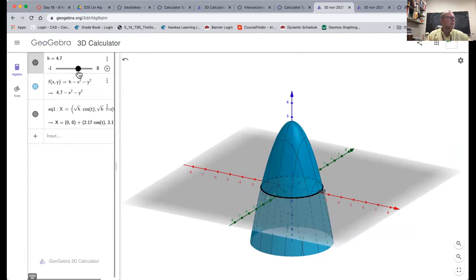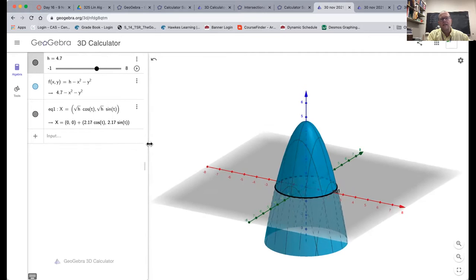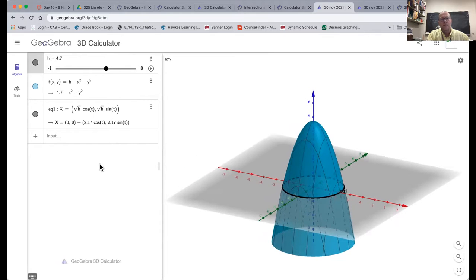And because we were talking about the z's that are below that, but above the xy plane, then we have to think about all the stuff that's under the surface. And of course, the place that it actually hits that xy plane is going to be a circle. And I went ahead here and told this to draw the circle using a parameterization.